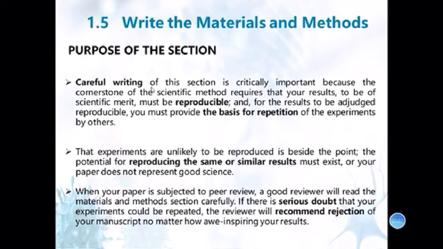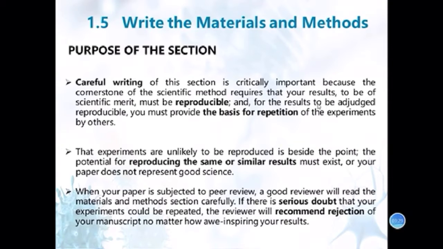The careful writing of this section is critically important because the cornerstone of the scientific method requires that your results must be reproducible. If your method is wrong, how can the results be reproducible?